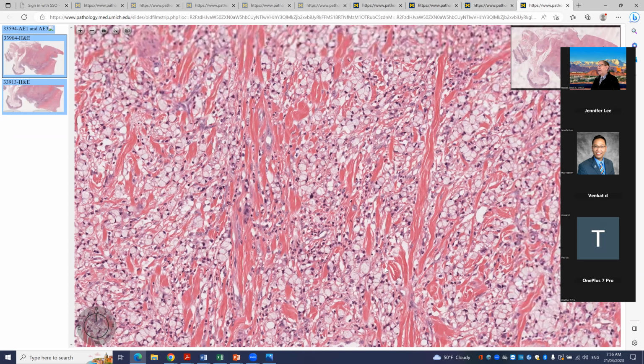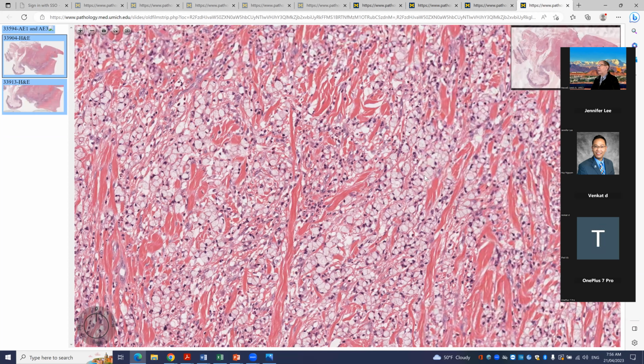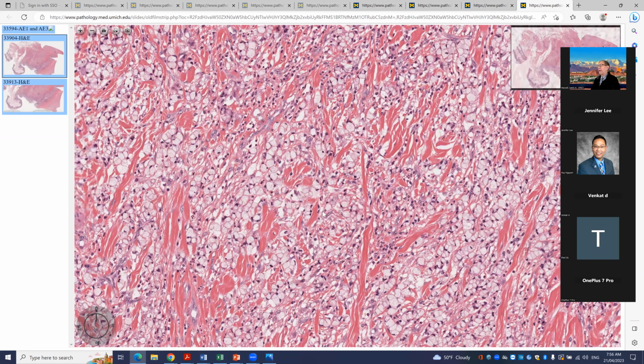So many of these lesions will be a combination of neuroendocrine cells showing staining with markers like synaptophysin or chromogranin, as well as more conventional adenocarcinoma with the mucin droplets.